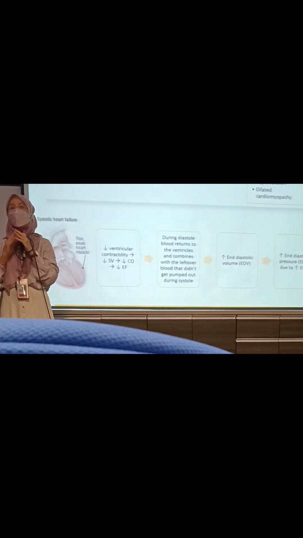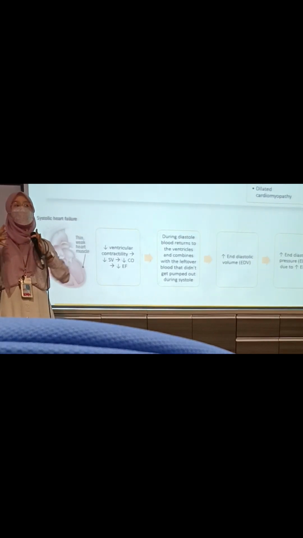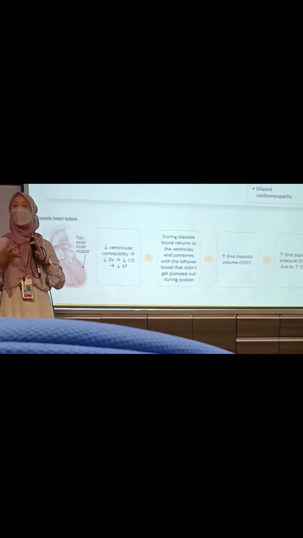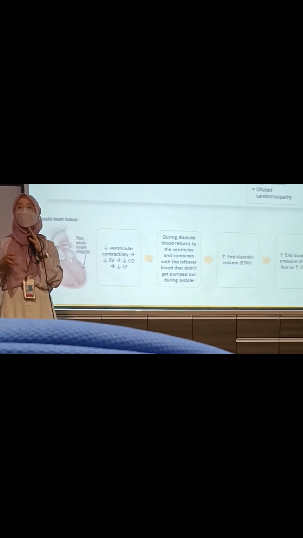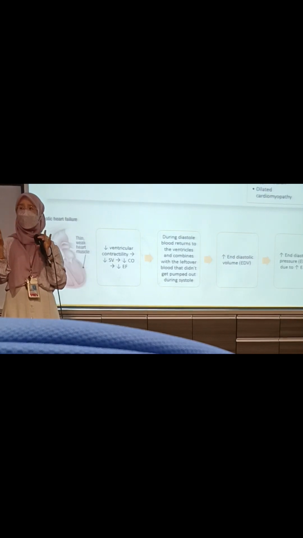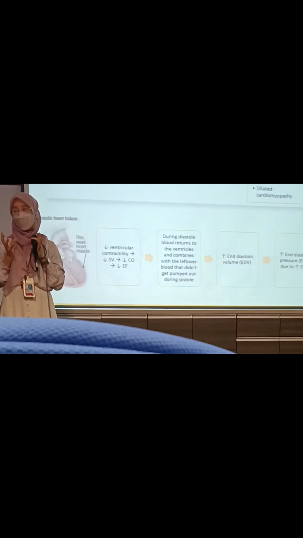So during this time, bila dia eject tu kurang, there will be a lot more blood pooling inside the ventricles during diastole, because dia tak boleh pump. If let's say before this 70 dia boleh keluar from the 110, now probably dia boleh keluarkan around 30 from 110. There will be remaining 110 minus 30, 80 ml remaining in the ventricles.